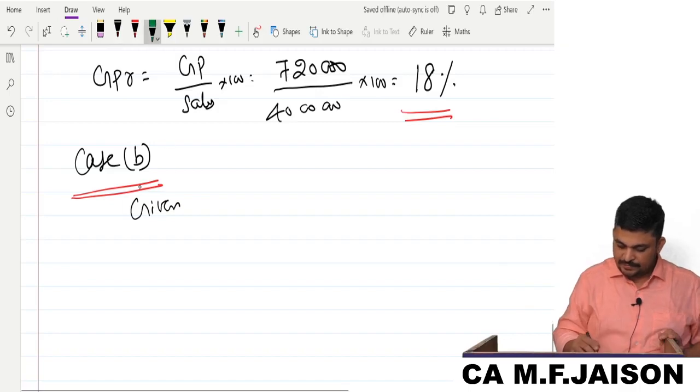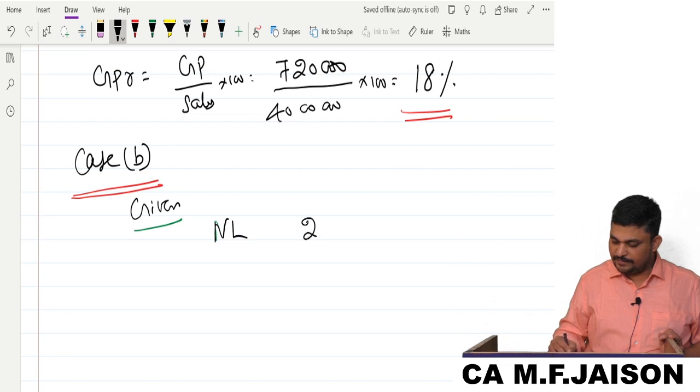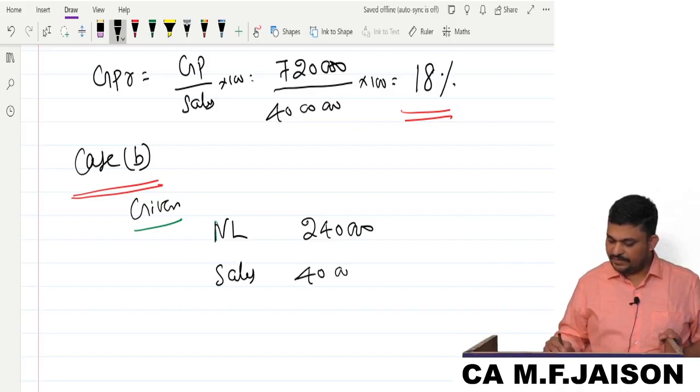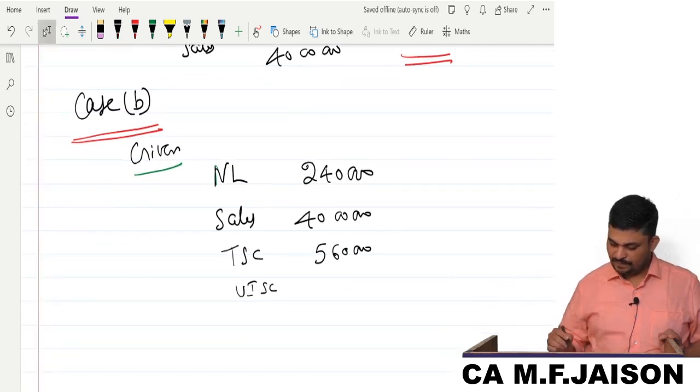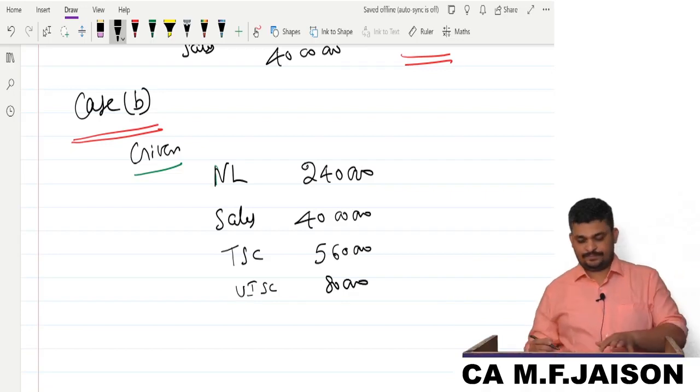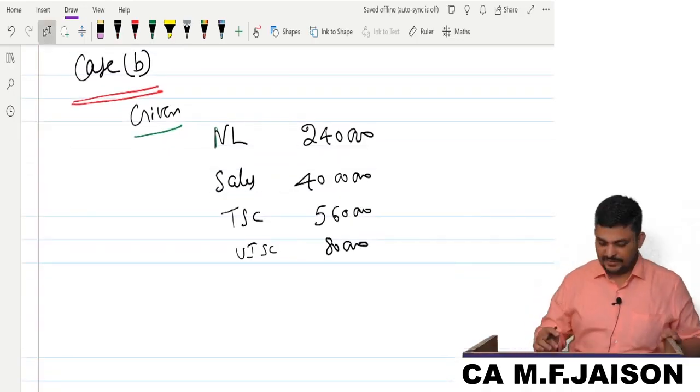Given: net loss 2,40,000, sales 40 lakhs, total standing charges, uninsured standing charges 80,000. It is given. Listen carefully, my dear friends.